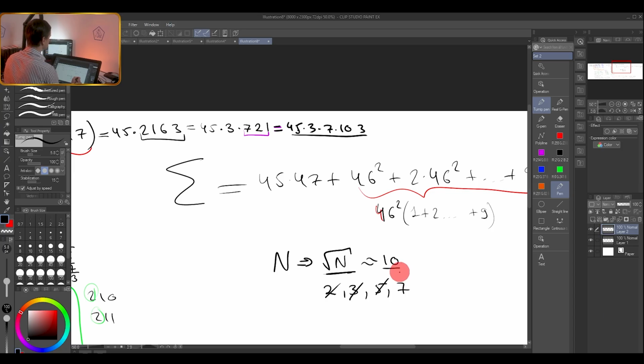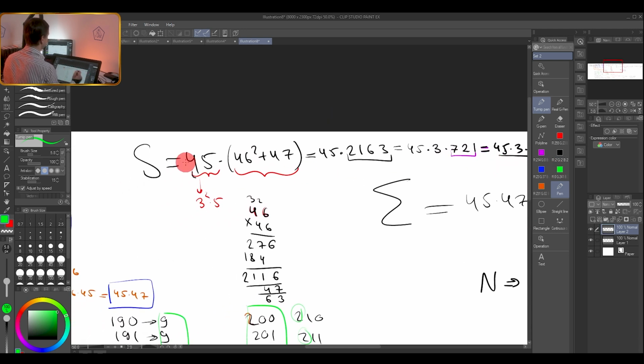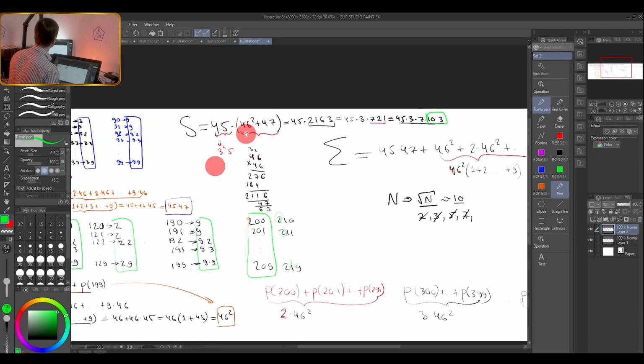Well, you can check because 98 is divisible by 7 and it's the closest one. 98 is 70 plus 28 and this is it. So it doesn't work. 8, 9 and 10, this is it. So 103 is a prime number and 103 is the largest prime factor of S, and the problem is solved.